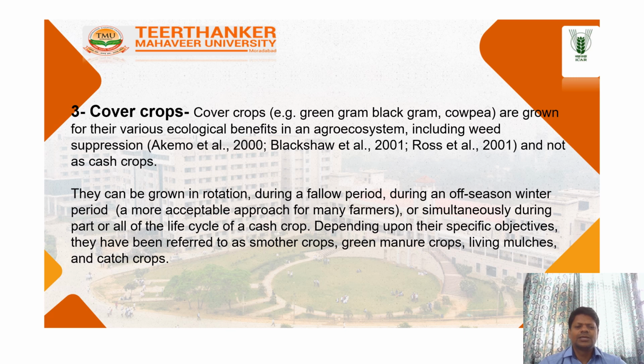A more acceptable approach for many farmers is to grow them simultaneously during part or all of the life cycle of a cash crop. Depending upon their specific objective, they have been referred to as smother crop, green manuring crop, live mulching, and cash crop. Green manuring crops are those that grow and cover the upper surface of the soil, like green gram, black gram, and cowpea. These are the cover crops.